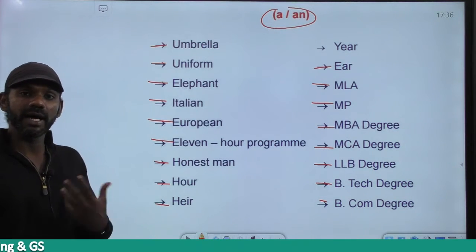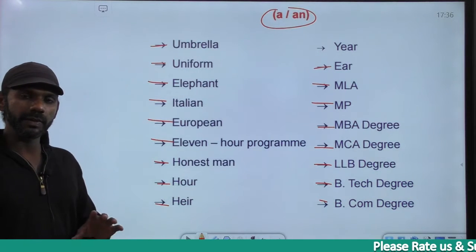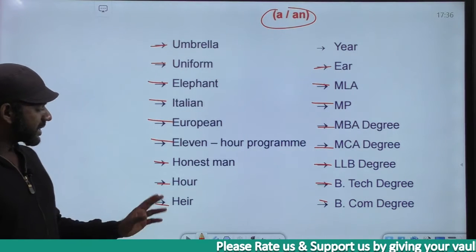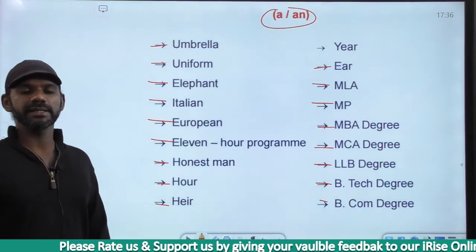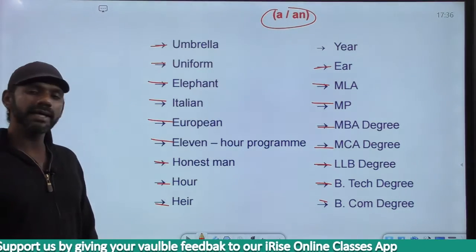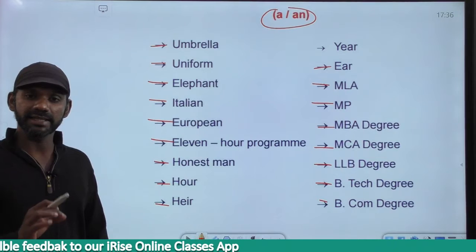H-O-U-R is not pronounced as hour with an H. H is silent here, it is just our. H-O-U-R is pronounced as our. H-E-I-R, you know the meaning of it, right? The successor. Now, when a king dies, his son becomes a king. The successor. H-E-I-R is not pronounced as hair. H-E-I-R is pronounced as air. Right? It's just air.